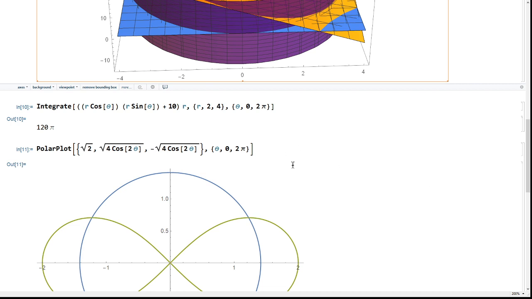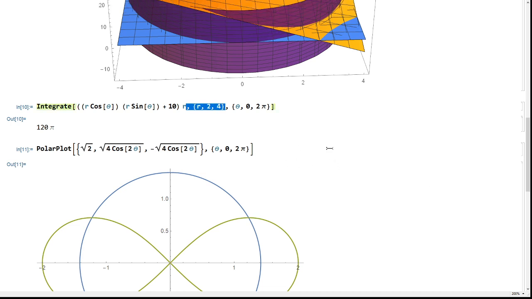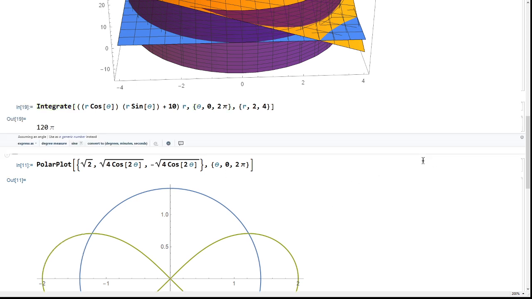I listed these in the wrong order. It doesn't actually matter in this case because the bounds are all numerical, so you can swap the order if you want. But anyway, you'll run this integral and you're going to get 120 pi.